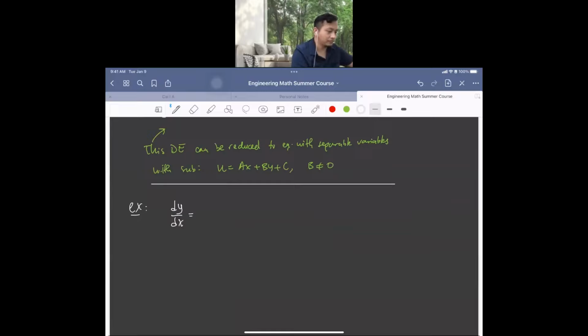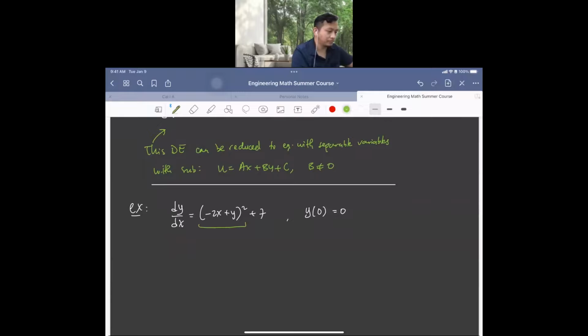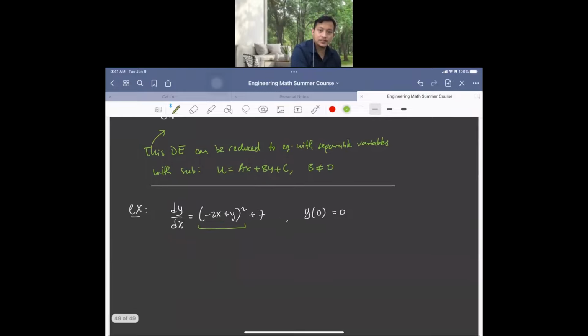So, example: we have an initial value problem. The idea behind what we have here is, imagine that this is another function that has a square. So the idea is making the inside of the function the substitution itself. So let u equal negative 2x plus y.